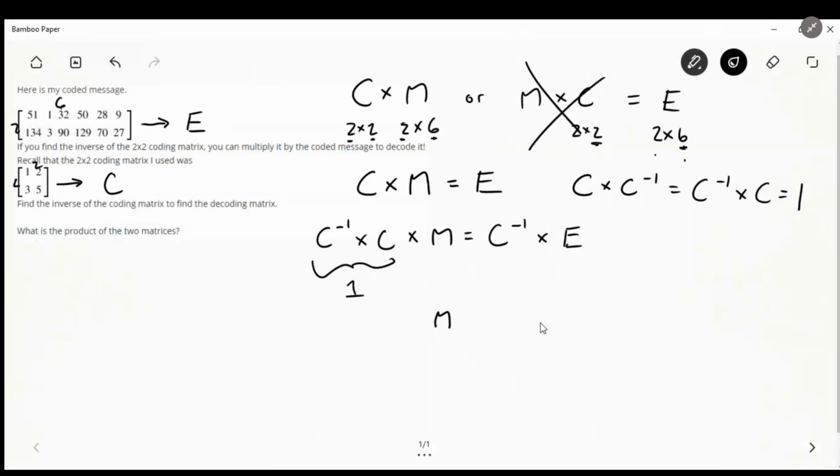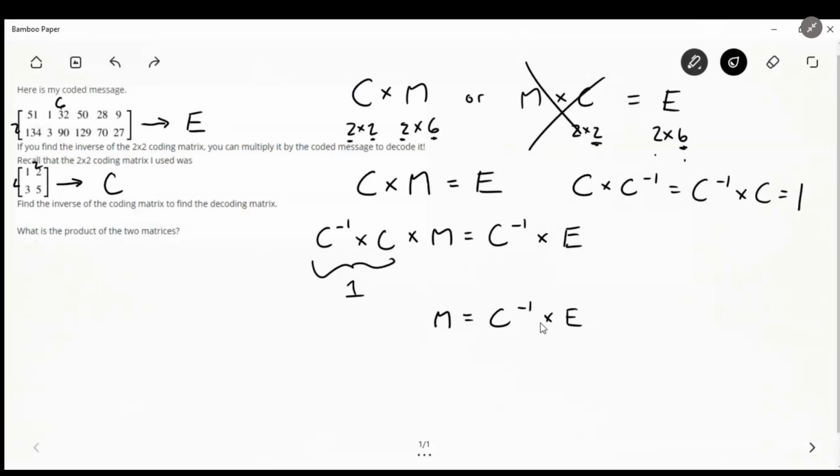So we're going to be left with M equals C inverse times E. And that's what we want here. This is going to be our unencrypted message. So once we solve that, we'll be able to decode whatever this message is.